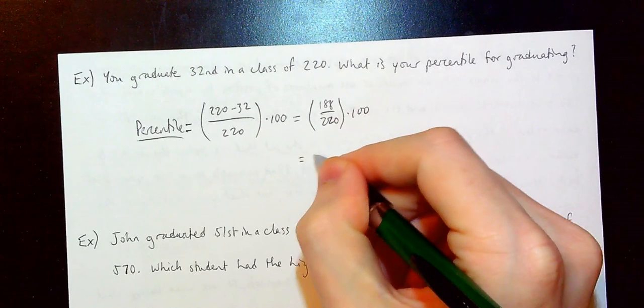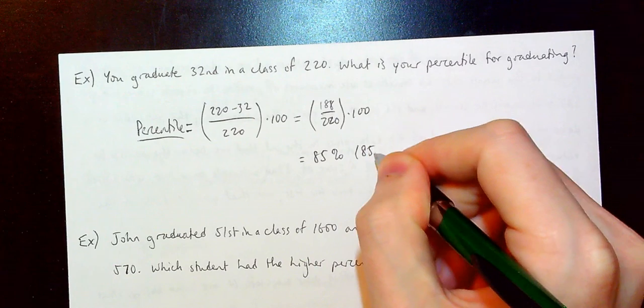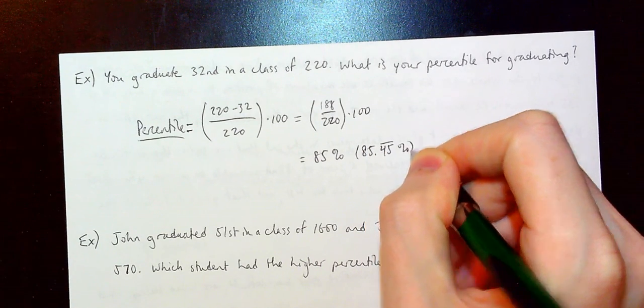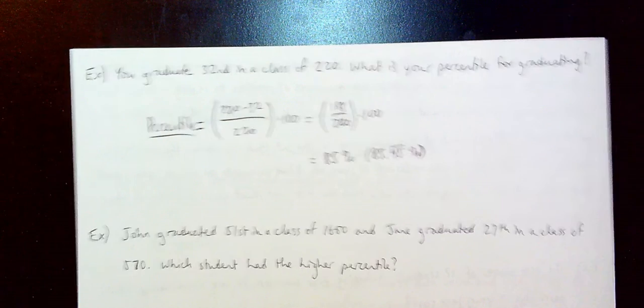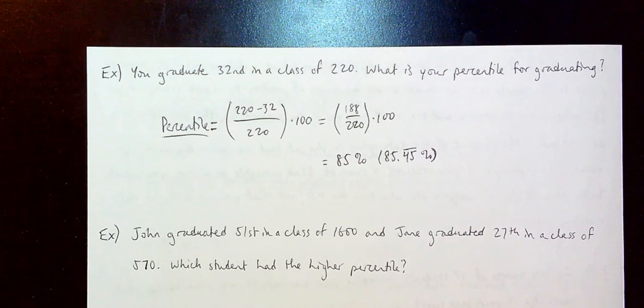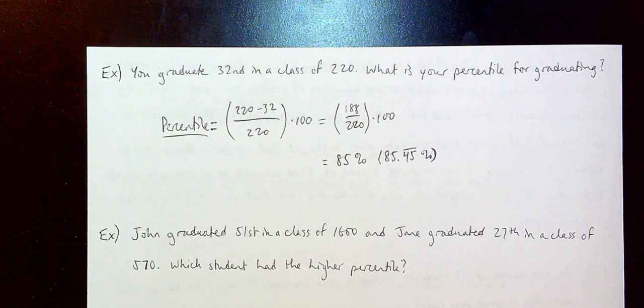So that's going to give us 85%. Technically, it was 85.45, and that pattern of 4, 5 is repeating. But again, you're typically going to see these things as whole numbers, not with a decimal part showing up after it. So in this case, we would say that you graduated in the 85th percentile.